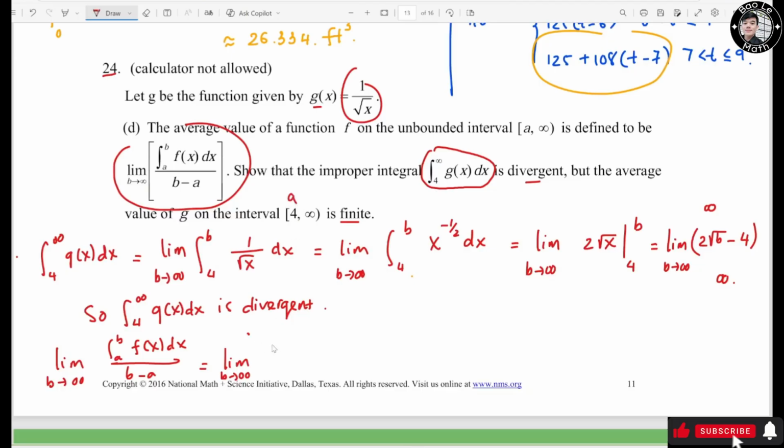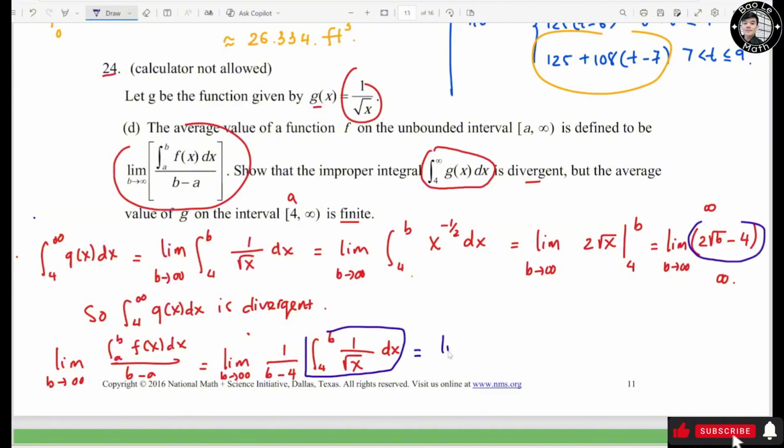So it could be 1 over b minus 4 of the integral from 4 to b of 1 over square root of s ds, right? But this guy right here has been calculated right here, right?